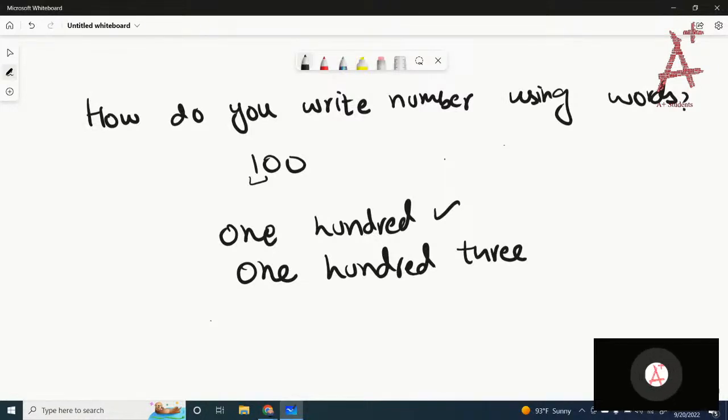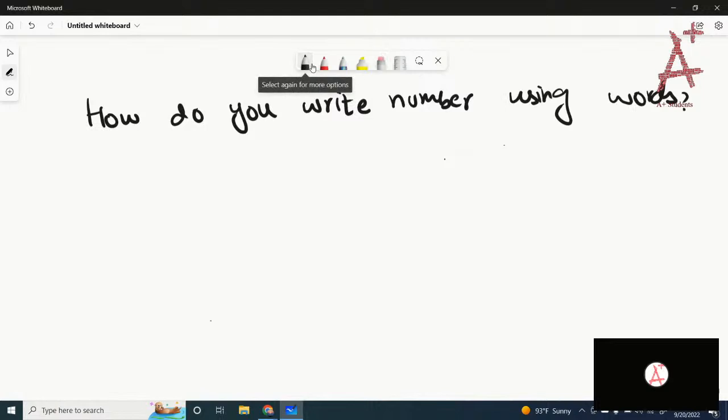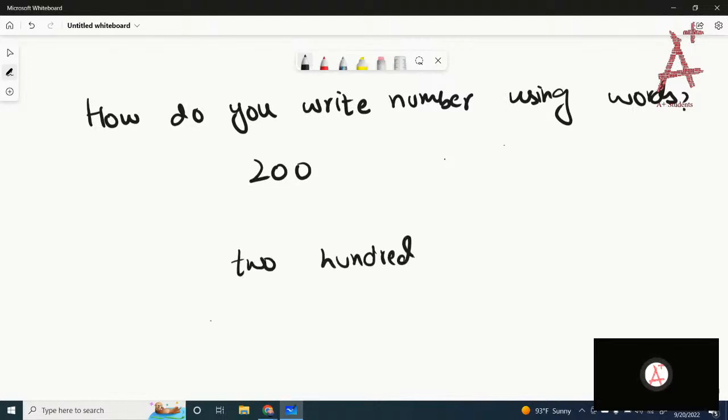The next one is, how do you write the number using words? The number is 200, and the options given below are 200 and 205.